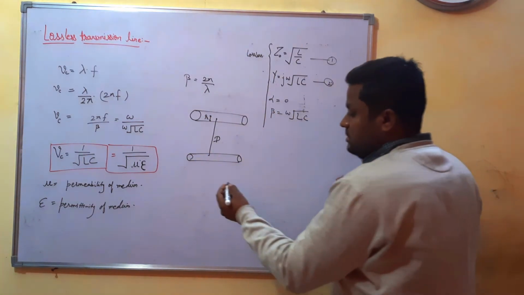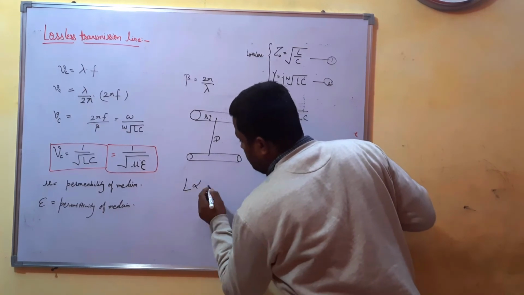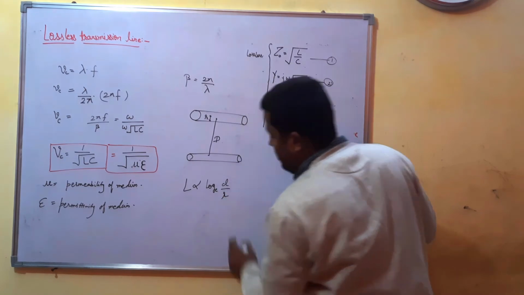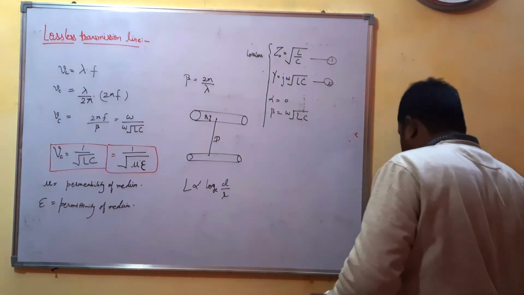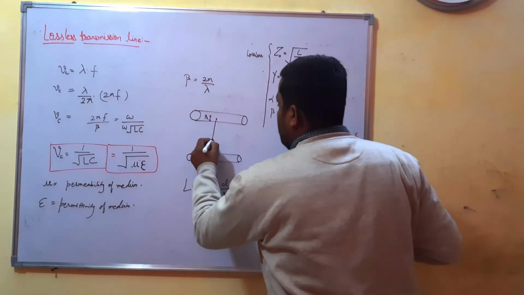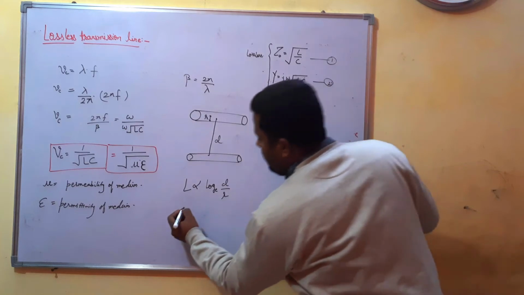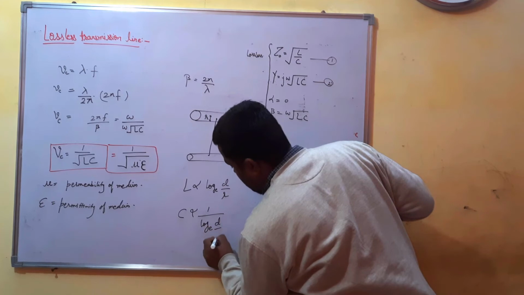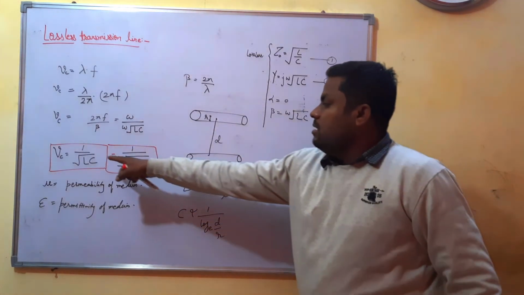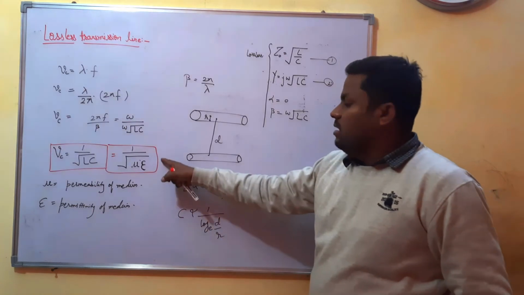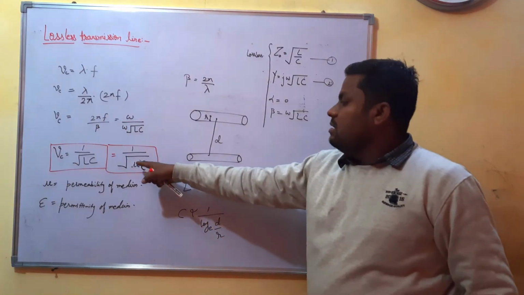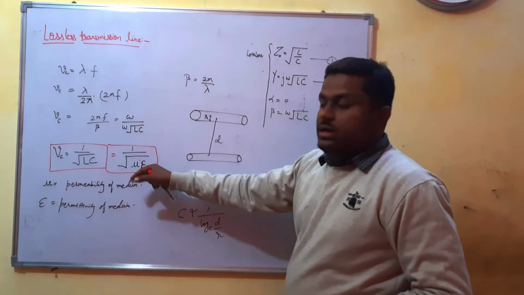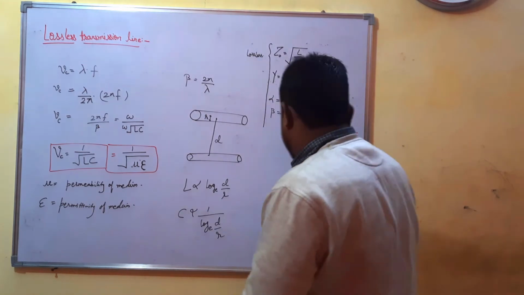Then inductance is proportional to log d by r, and capacitance is proportional to 1 by log d by r. So the product of L and C becomes approximately mu epsilon. This equation is very frequently used in numericals.